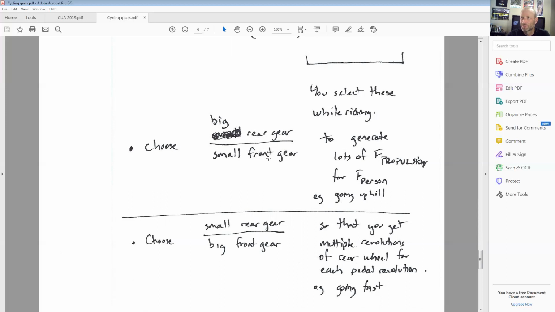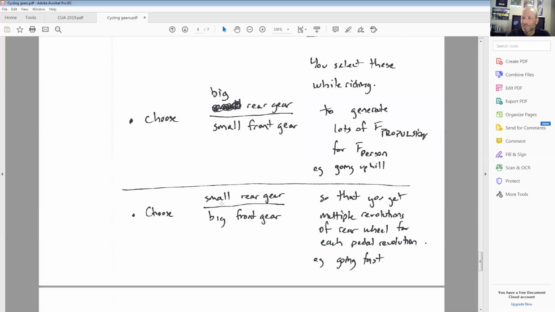Big rear gear, small front gear. If I really want, like maybe a mountain bike will have this, you can actually have a bigger rear gear and an even smaller front gear. That means you are really maximizing how much force you can generate at the rear wheel to propel yourself forward. But for every pedal revolution you do not travel a very far distance.